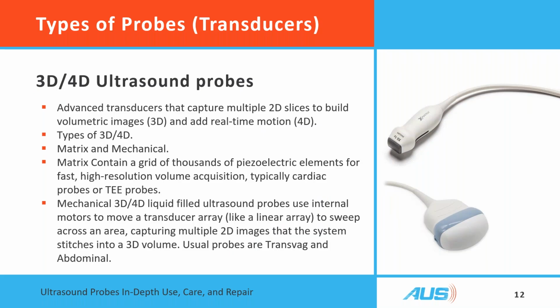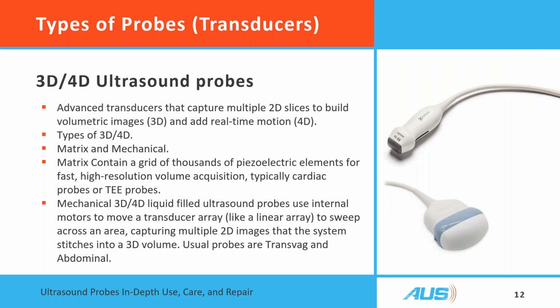They do have oil inside of the dome, and if they start leaking, you may get some image artifacts that look like air bubbles, so it looks like a dark spot or a dropout on your lens. It's important to understand that what you're probably doing is losing fluid or oil from inside the probe, and it needs to be removed from service and repaired, or replaced if it's non-repairable.